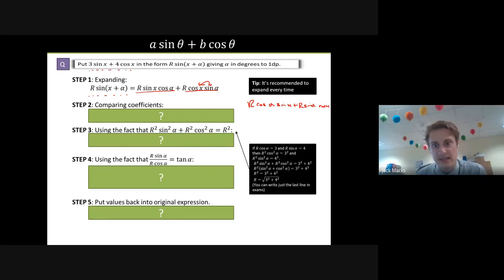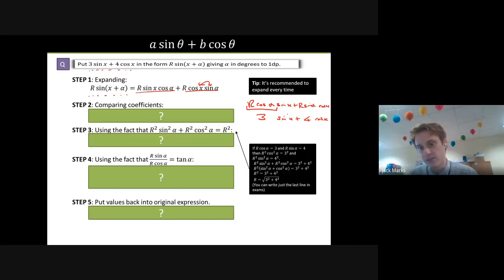Well, if I write this underneath, 3 sine x plus 4 cos x, you can sort of compare coefficients here. It works because it's like an identity. That's the reason why you can compare coefficients. So what goes along with sine x in terms of how we need to write it? Well, r cos alpha.